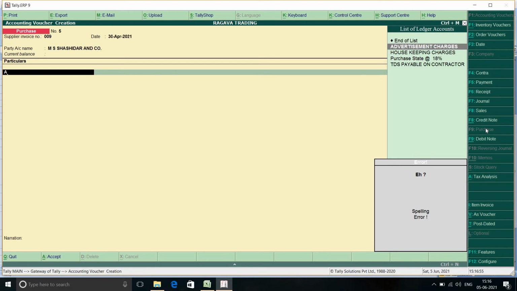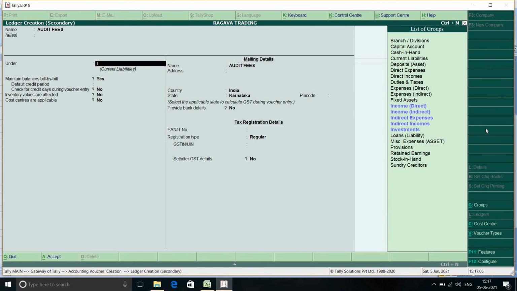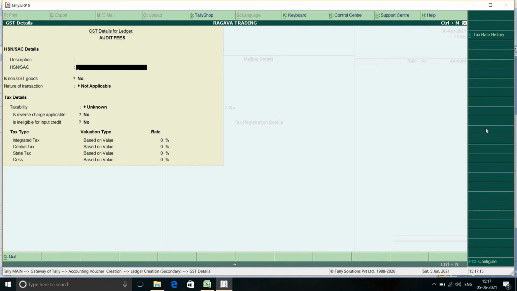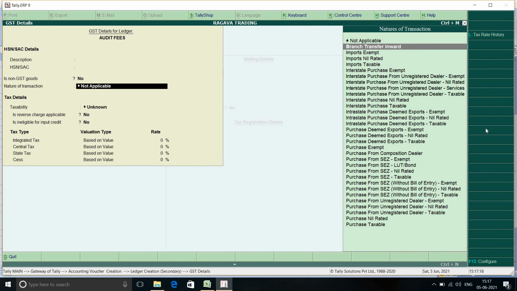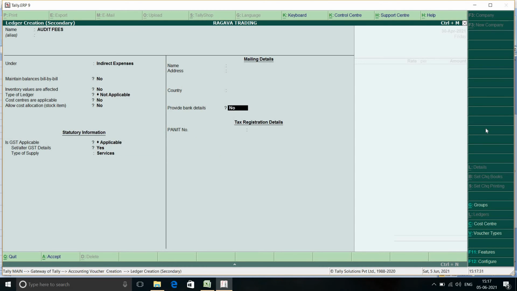Audit fees: I will create one audit fees account under indirect expenses. HSN code and all you can mention from their bill; the same HSN code you can mention here. 18% service.